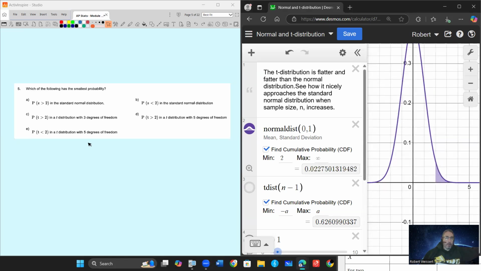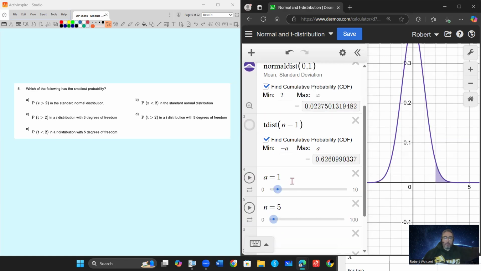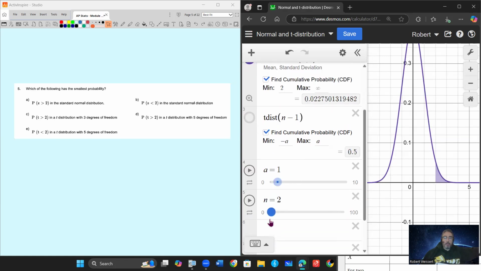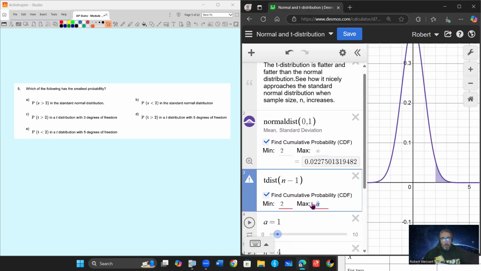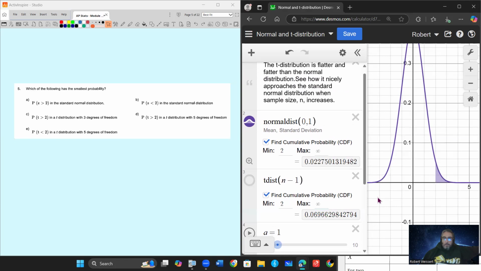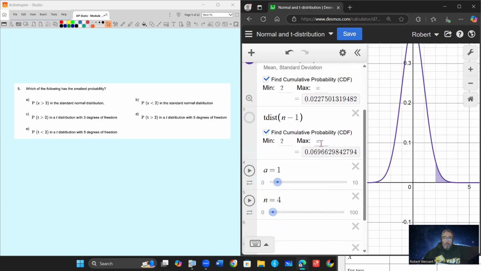Now let's compare that to the probability that t is greater than 2 with 3 degrees of freedom. If I go to 3 degrees of freedom, that means my sample size is going to be 4. With my minimum of 2 and my maximum of infinity, I'm going to get a bigger probability, about 0.0696.